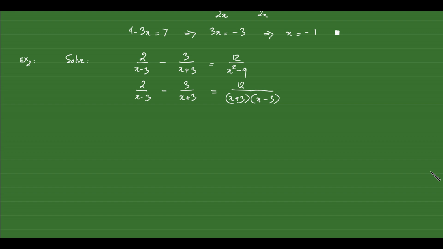Alright, and now we have to find the LCD. For the LCD, we're going to take all different factors. So you have x plus 3 and x minus 3. This is repeated, so you just need to take one. Now we compare the LCD with the denominators. Over here they're missing the x plus 3, so you multiply the top and the bottom by x plus 3.